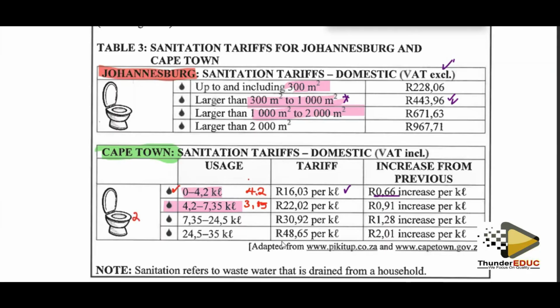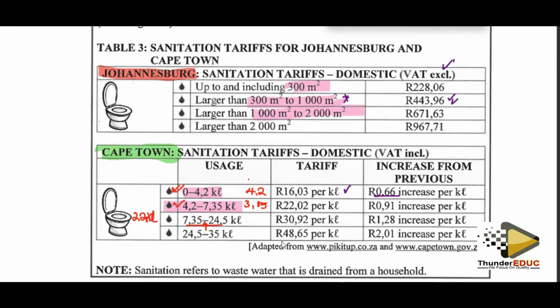Because if you're looking at Cape Town, the person has used 22 kiloliters. It's in this bracket. Simply meaning he has used bracket number 1 fully, bracket number 2 fully, but then some amount exceeded this to push it here.